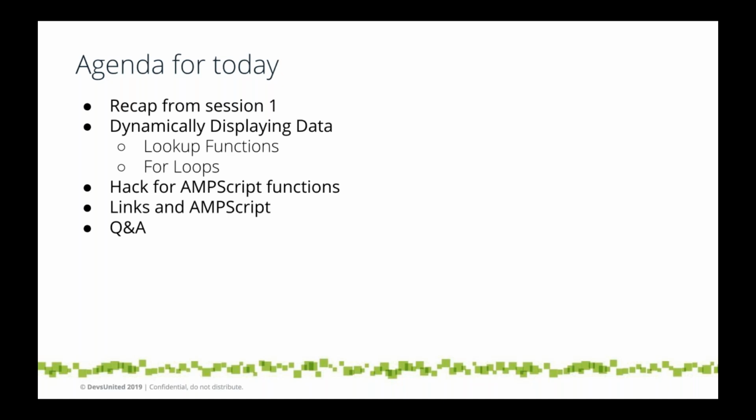And then we're gonna do a for loop statement to display event information in an email. A lot of these use cases come across when you're building dynamic emails. I'm also gonna talk to you about a couple of tips for AMPScript, creating AMPScript functions, kind of. Even though that's not available, there is a way to do it, sort of. And then how to work with links in AMPScript.